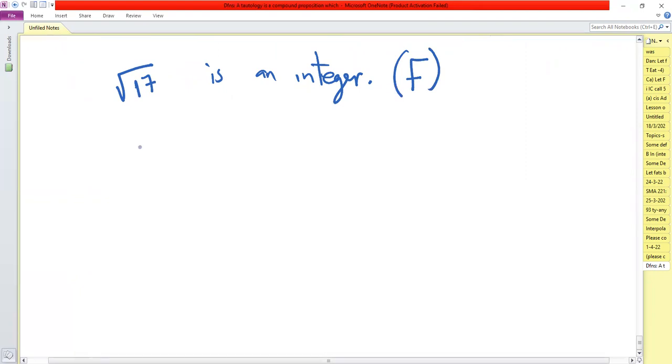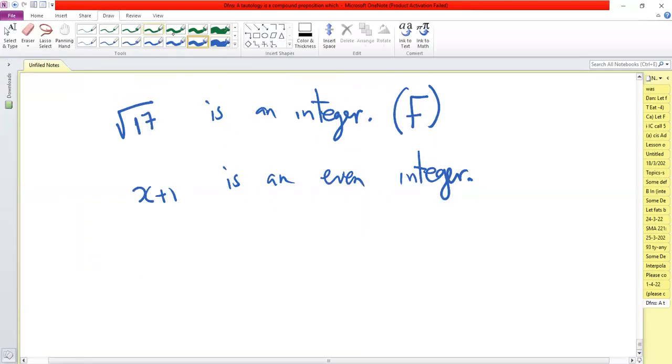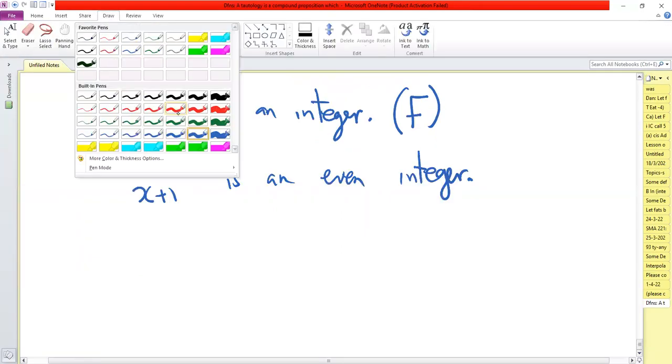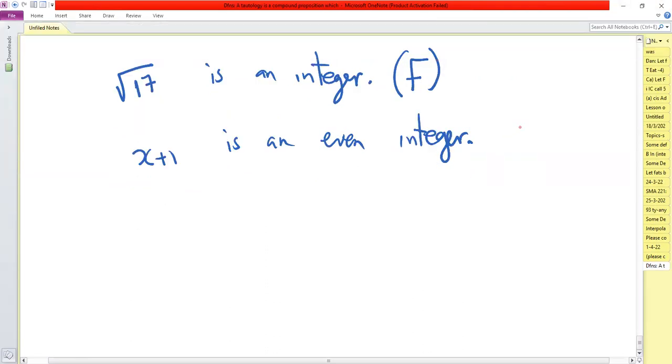And then when you say x plus 1 is an even integer, then this is not a statement because it may be true or false depending on the numerical value assigned to x. So we can say this is not a proposition.